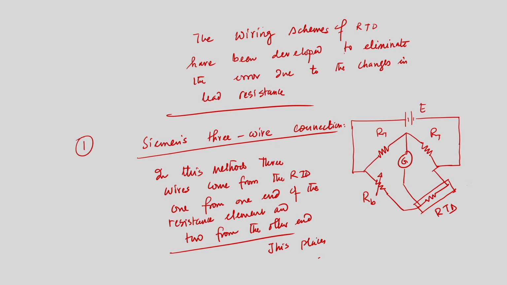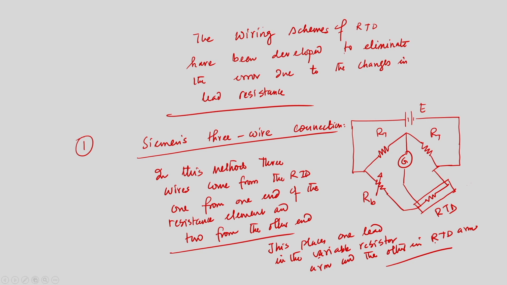This places one lead in the variable resistor arm, that is RB, and the other in the RTD arm.